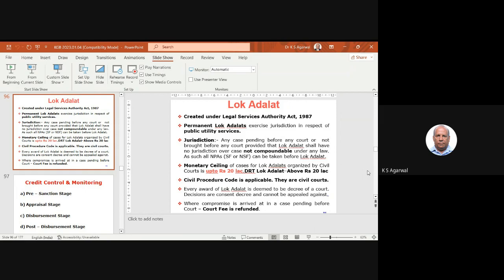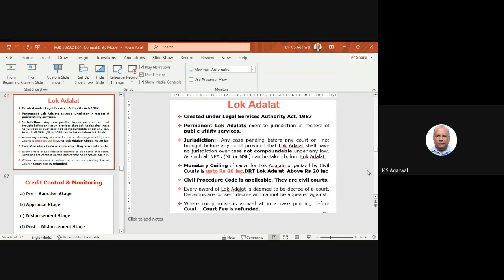Now, which cases can go there? Any case, whether it is a suit filed or non-suit filed, it can be referred to Lok Adalat. But it should be compoundable. Non-compoundable cannot be taken therein. In bank, every case is compoundable, because we are concerned with the recovery of dues.